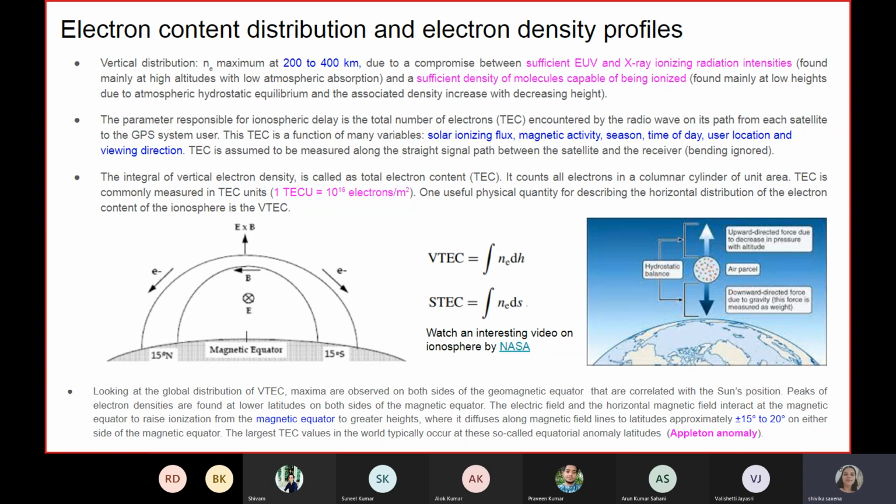This is just like a fountain of electron densities. So the largest TEC values in the world typically occur at these so-called equatorial latitudes, and this phenomenon is known as the Appleton anomaly. In the last class, we also saw a video representing this very beautifully.